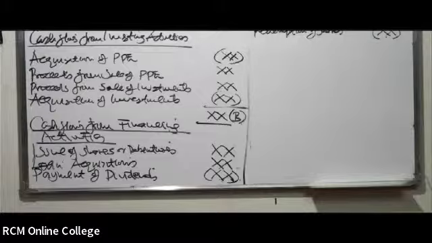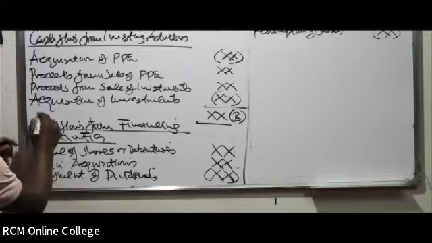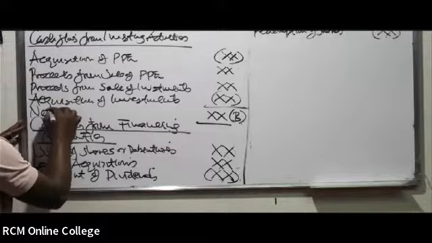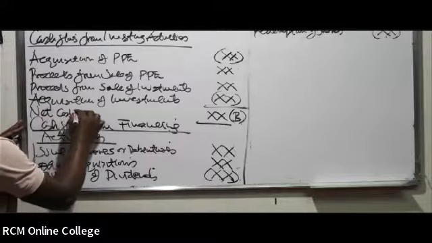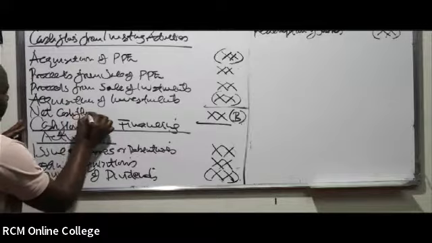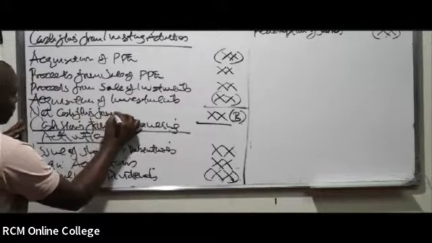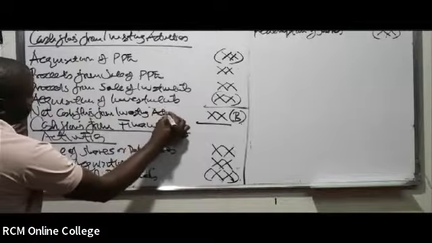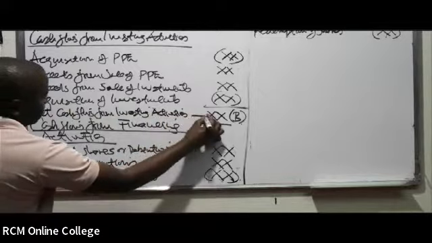So then in this case, you'll have the net. You write here net cash flows from investing activities. This is what this figure represents.